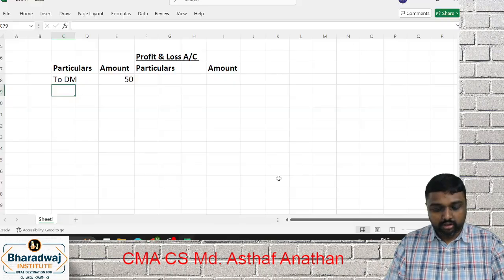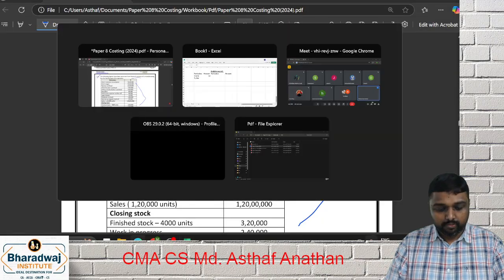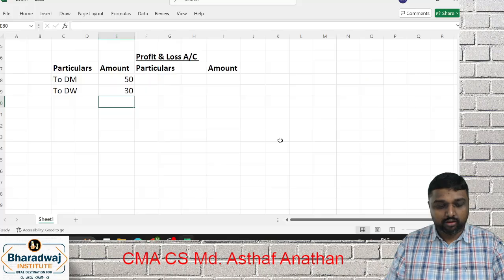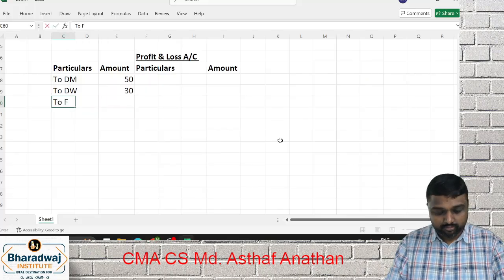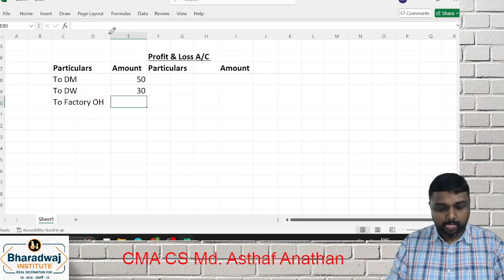Next we have direct wages. So what is the direct wages? 30 lakh. Then we have what? Factory overhead. What is the factory overhead, friends? Factory overhead is 60 lakh.